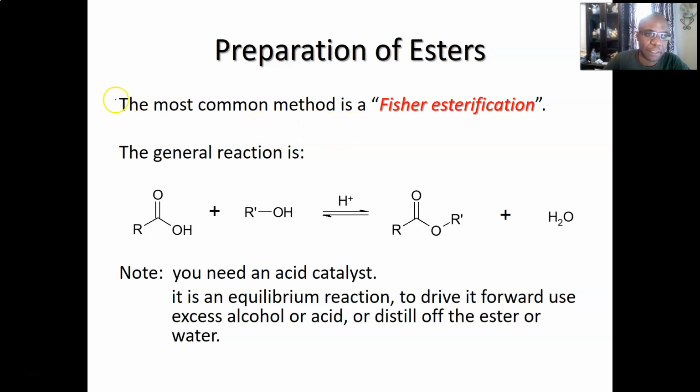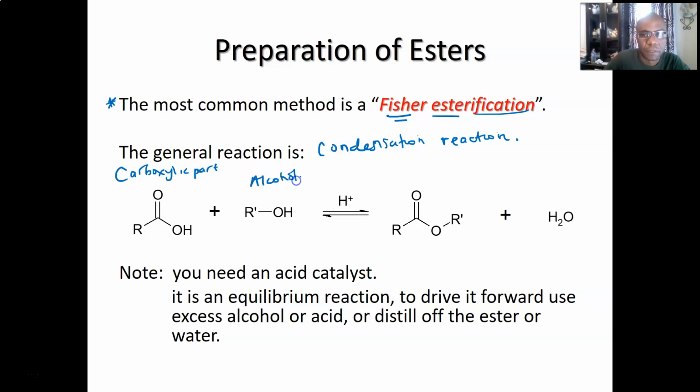Like I said, you prepare esters by a condensation reaction. The scientist who discovered this reaction is called Fischer. So we're making an ester, so it's Fischer esterification. You have to have the carboxylic part and the alcohol part.